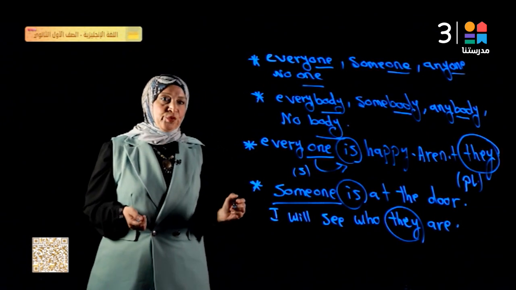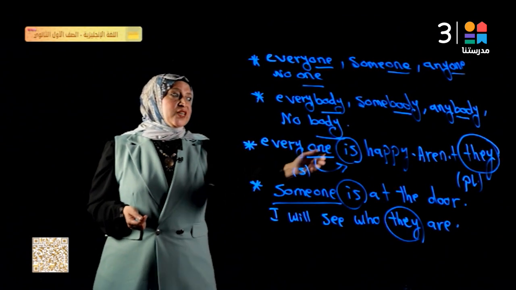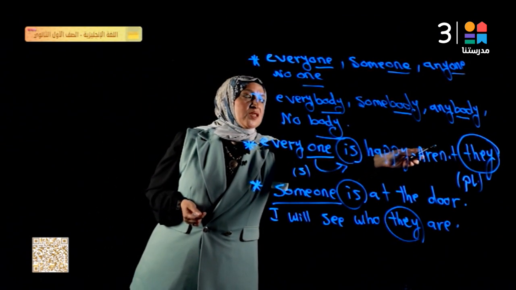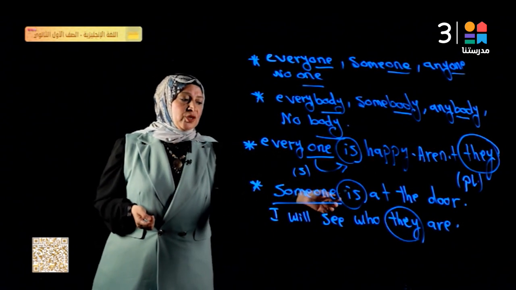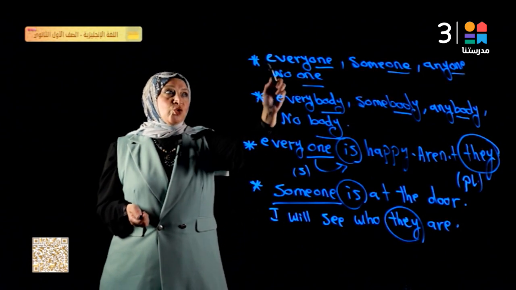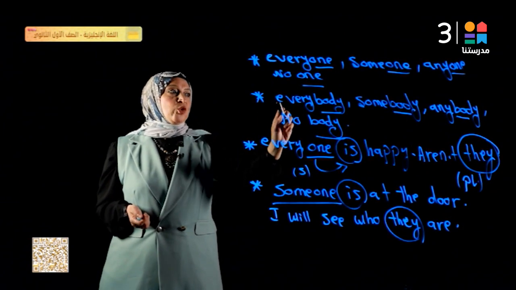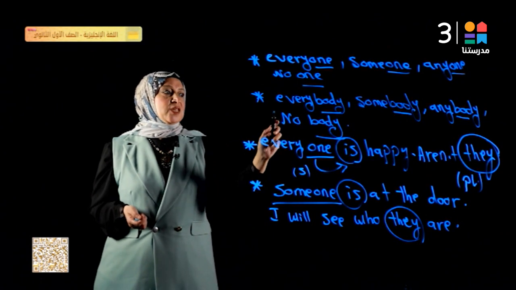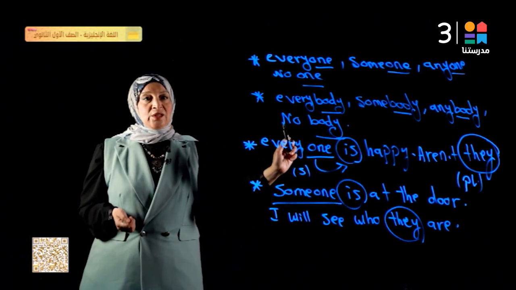So look at these two examples again. Everyone is happy, aren't they? The question tag here uses the plural pronoun they. And someone is at the door, I will see who they are. So when we talk about everyone, someone, anyone, no one, everybody, somebody, anybody, or nobody, we use a singular verb and we use a plural pronoun.